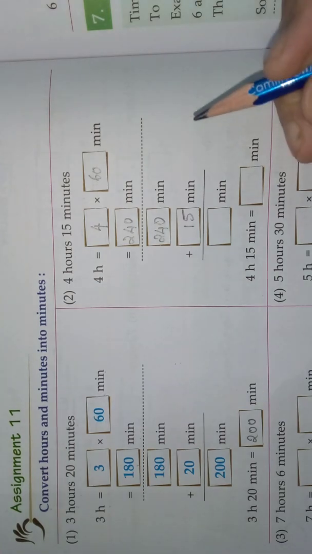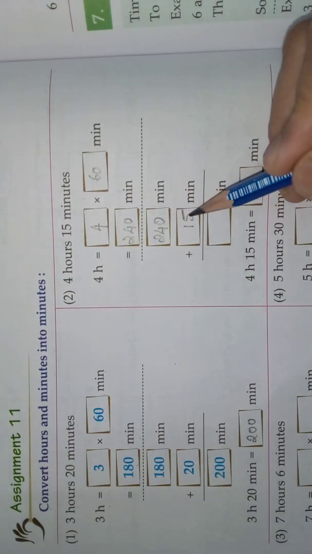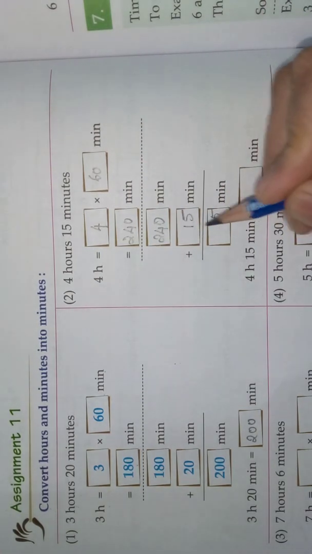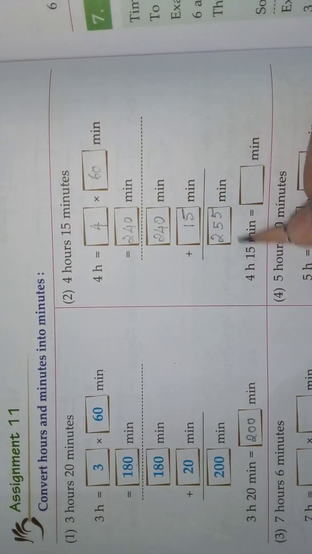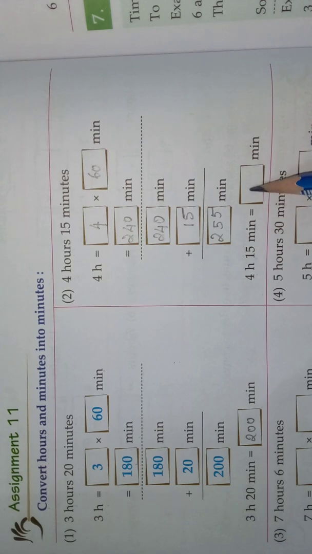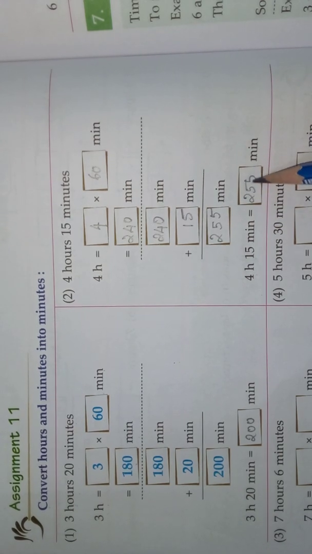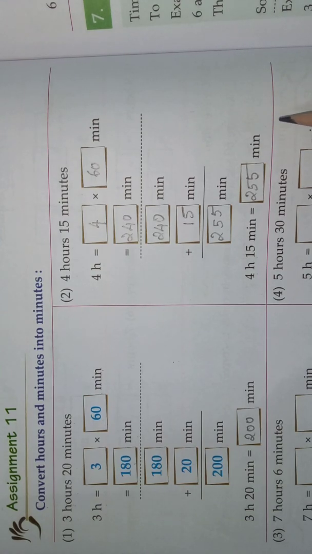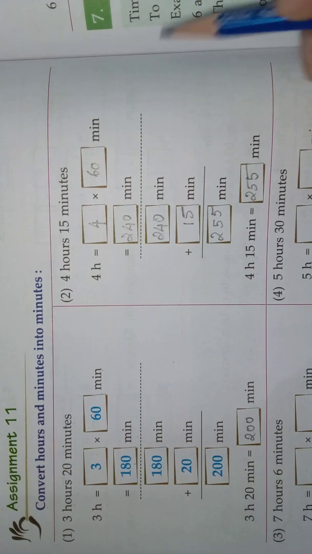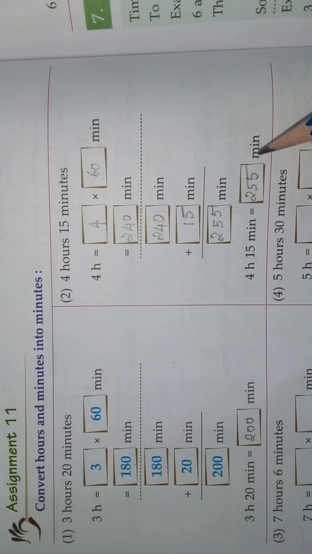So, 4 hours 15 minutes is equal to 255 minutes. Okay, children, MIN is nothing but minutes. In this way you should do the remaining sums. Understood?